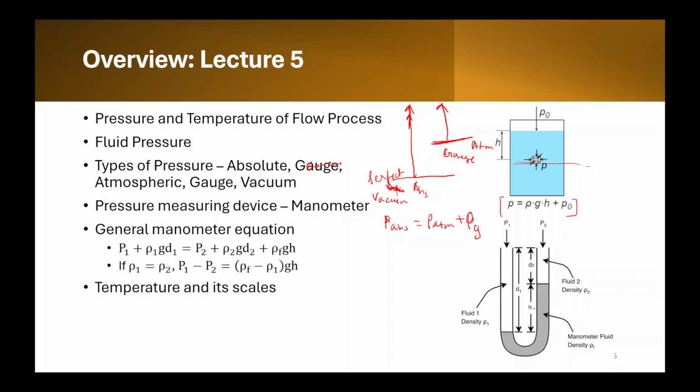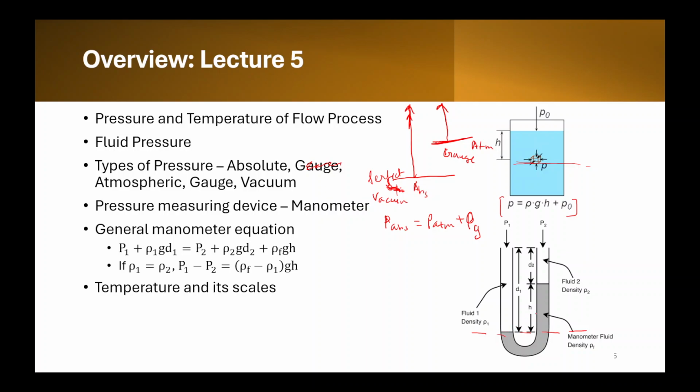This is h. So the general manometer equation is given here, and how it comes about is that we take this reference line. Why do we take this as a reference line? Because we usually take the reference line at the interface of the manometer fluid and the fluid above it, on the side which has the lower level.